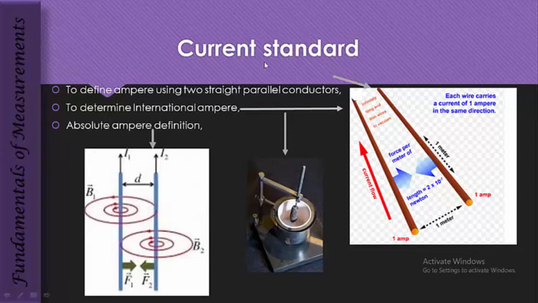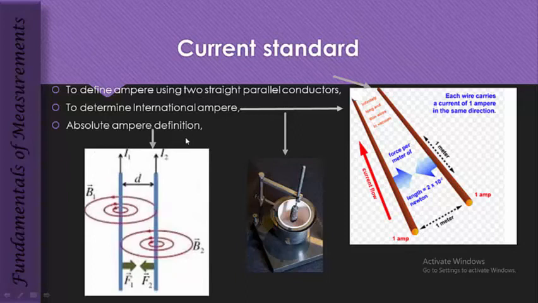So the current standard is now measured using absolute ampere. What is the absolute ampere definition? You take two long conductors, and you separate them by a distance d. You don't specify any distance. You find out the force exerted between these conductors, you measure the current, and this current we call the absolute ampere. This is how we find out the current standard.